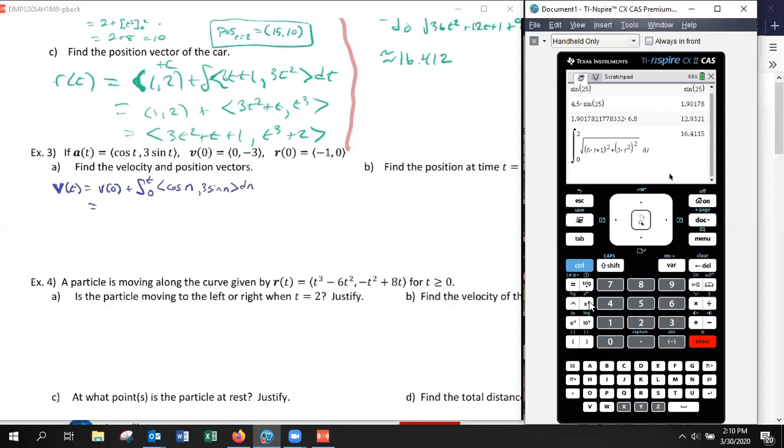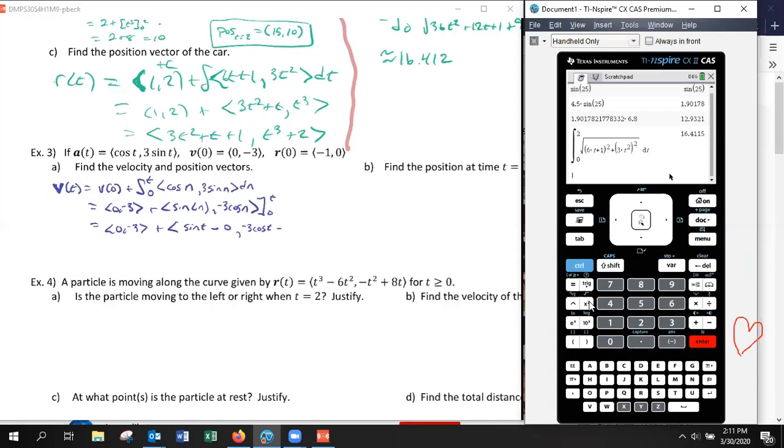So this gives us 0, -3 plus the integral of cosine is sine, so it'll be sine of t now, actually. Sine of n, -3 cosine of n, going from 0 to t. So again, I'm going to leave it as 0, -3 plus the sine of t minus 0, and then -3 cosine of t.